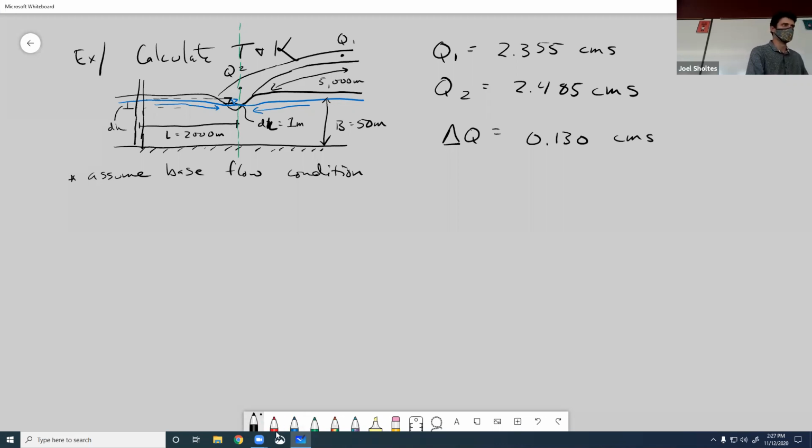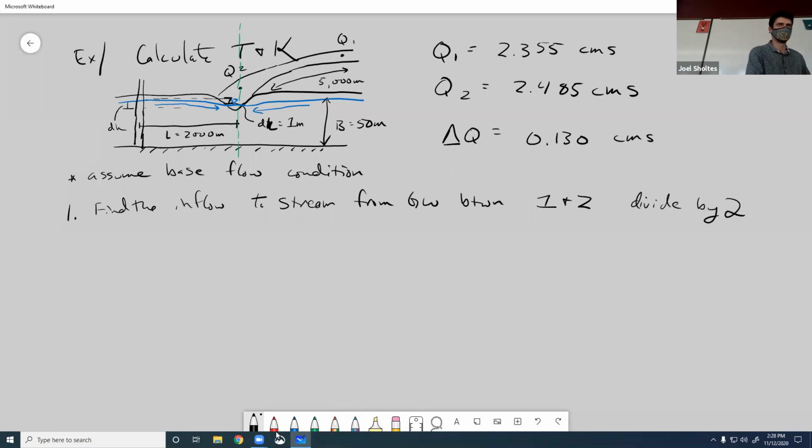So the first thing we'll do is find the inflow to the stream from groundwater between points 1 and 2. And then we're going to divide by 2, because we're going to assume that we have equal contributions from either side of the valley, or either side of the stream.